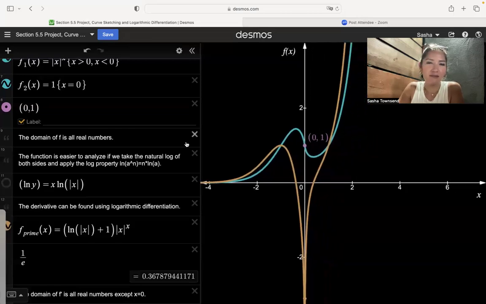Just looking at this graph of f prime, we see that the derivative is positive from negative infinity to negative 1 over e. So that means the original function should be increasing, and it is. And then the derivative is negative from negative 1 over e to 0, so the original function is decreasing. And then the derivative is negative from 0 to positive 1 over e, so the original function is decreasing again.